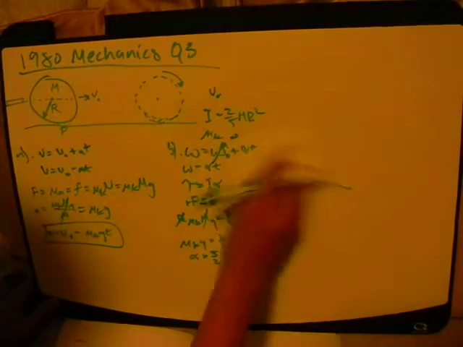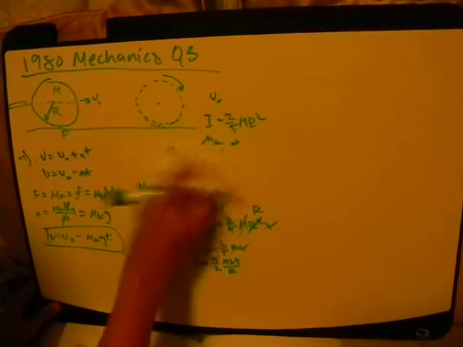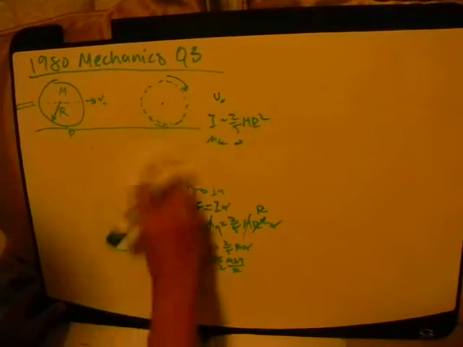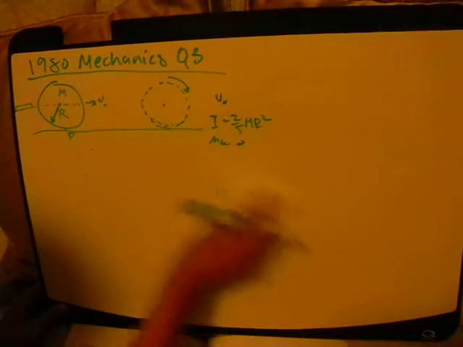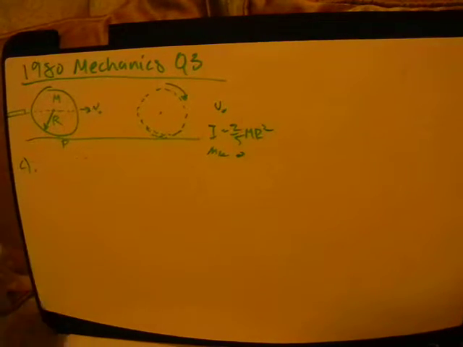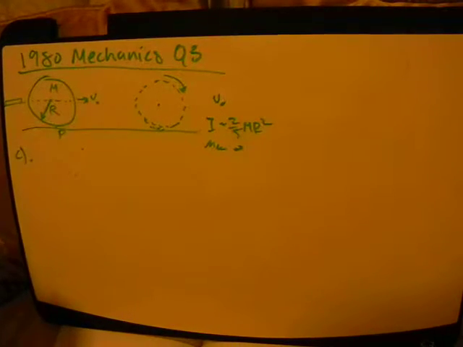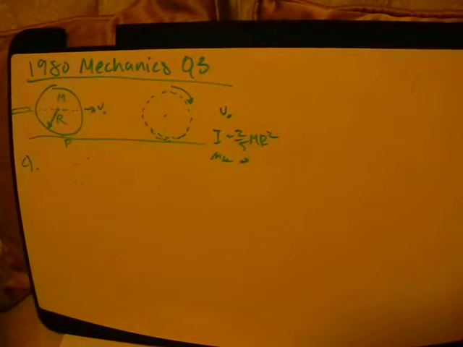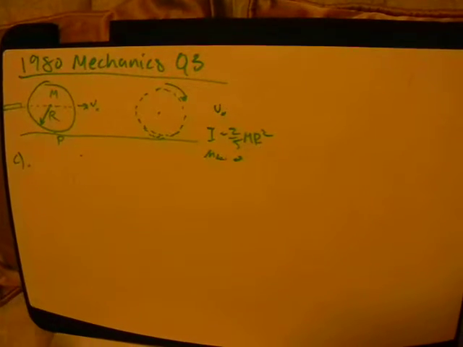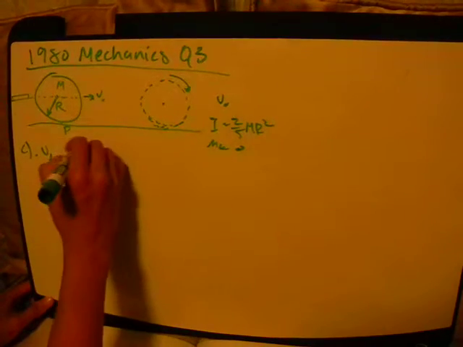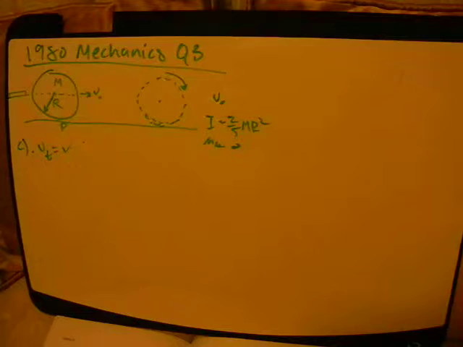I'll erase this. Part C says, determine the time at which the ball begins to roll without slipping. For this one you have to know that slipping stops when tangential velocity is equal to center of mass velocity.